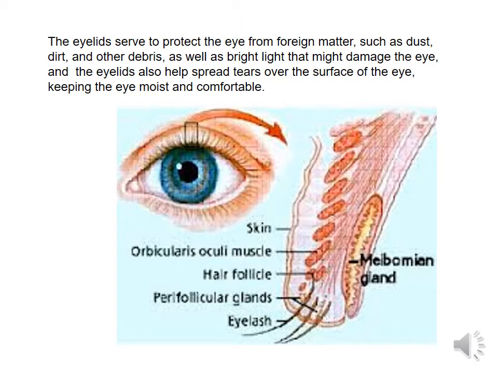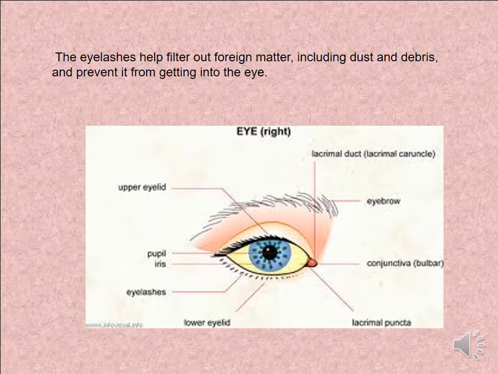At the free end of the upper and lower eyelid, we have hair, called eyelashes. The eyelashes filter the air that enters the eye and remove foreign particles. The eyelashes help filter out foreign material, including dust and debris, and prevent it from getting into the eye.